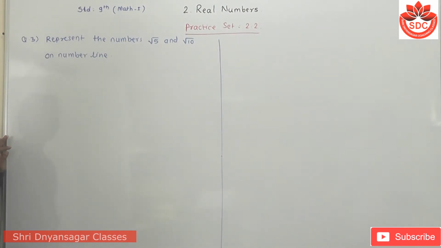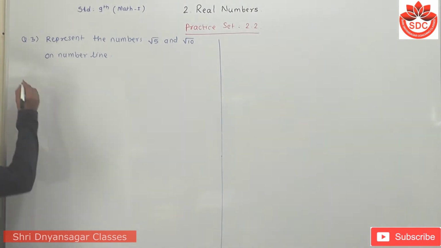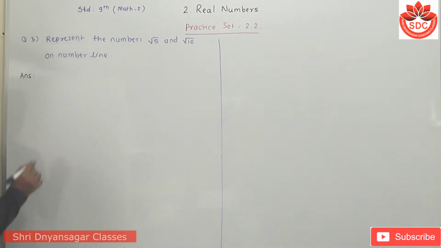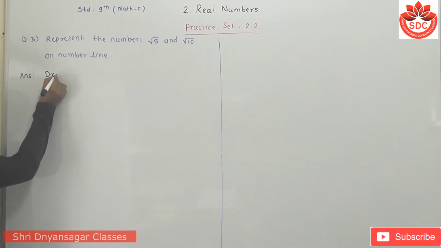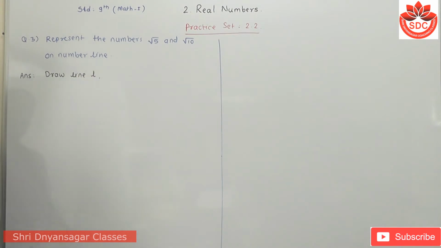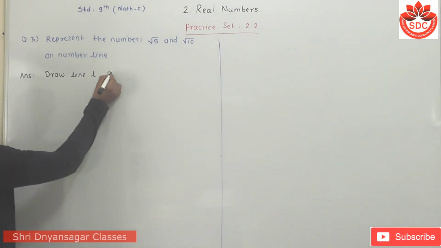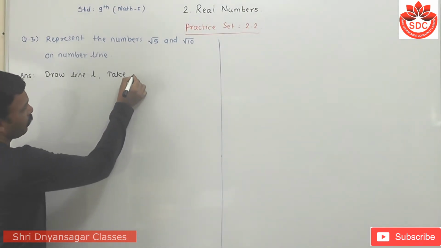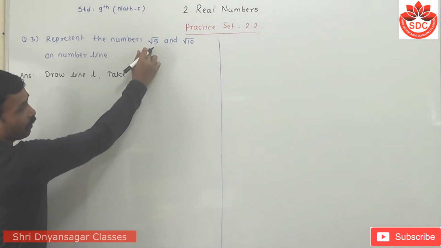Represent the numbers root 5 and root 10 on the number line. Students, this is a very important question, but a very simple one also. Now look carefully. Answer: first we have to draw one line. Suppose that L. Take a distance, as we have to find out here root 5.